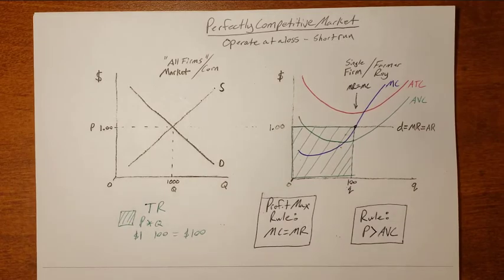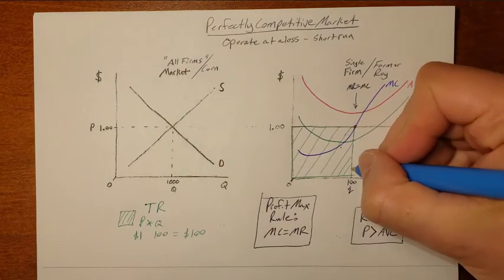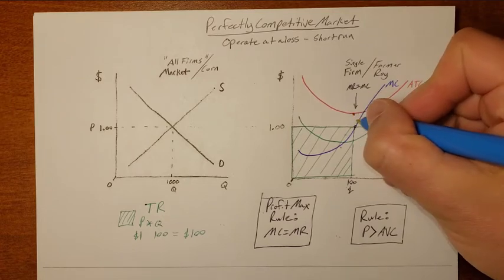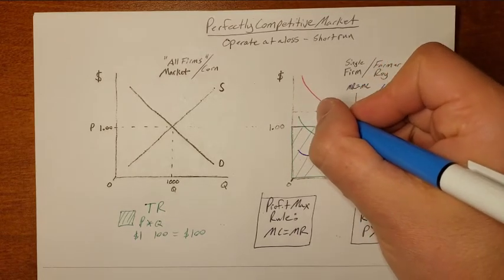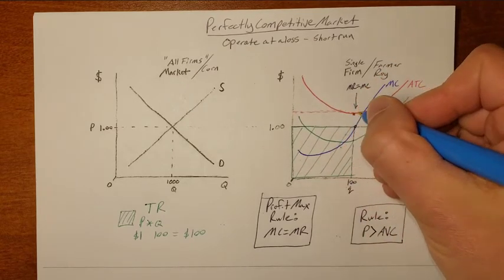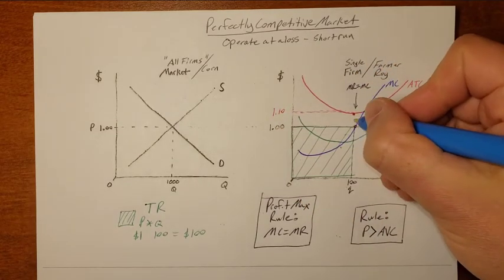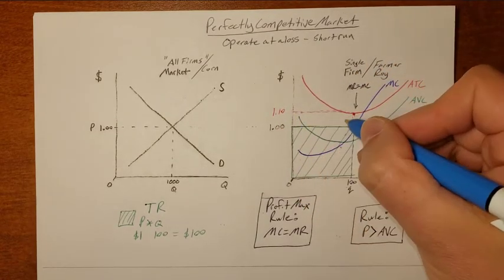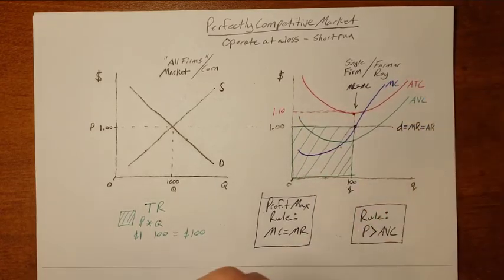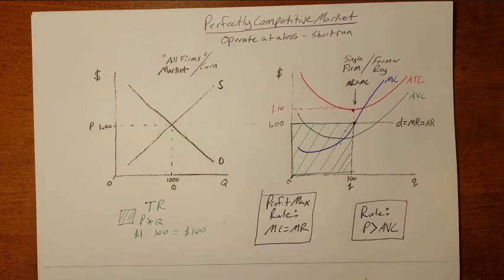However, the total cost is going to be much higher. We need to go back up to where we hit our average total cost curve at the quantity of 100, and it's right here. Let's say that it was at the amount of $1.10. So that means that this entire area is cost above the revenue, okay?